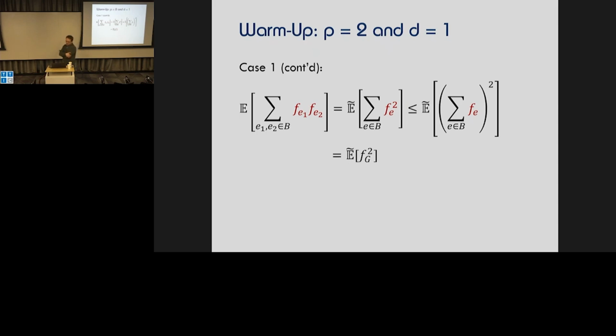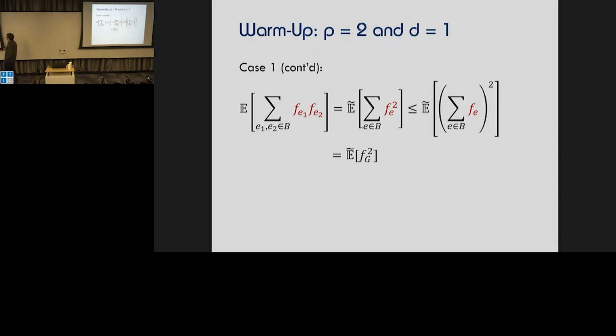Now we consider the sum of all e1 and e2 that belong to the same block. From the previous discussion, we know that this is equal to the pseudo expectation of the sum over all edges, f_e squared. Now, this is upper bounded by this sum.